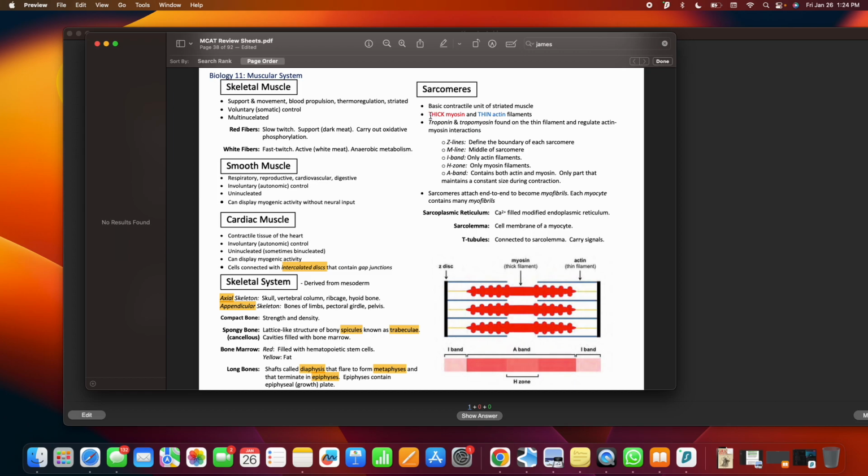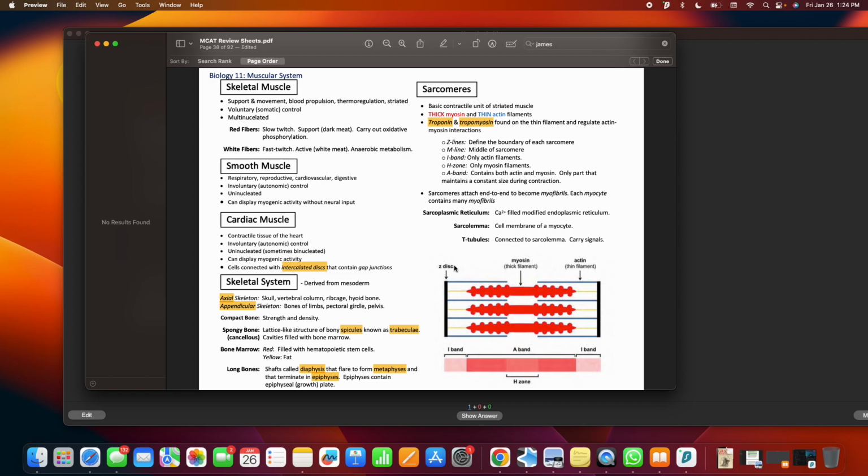We have thick myosin and thin actin filaments, and troponin and tropomyosin that are found in the thin filaments and regulate actin-myosin interactions. We have Z lines, M lines, I band and A band, and H zone. These 5 things we want to know about.